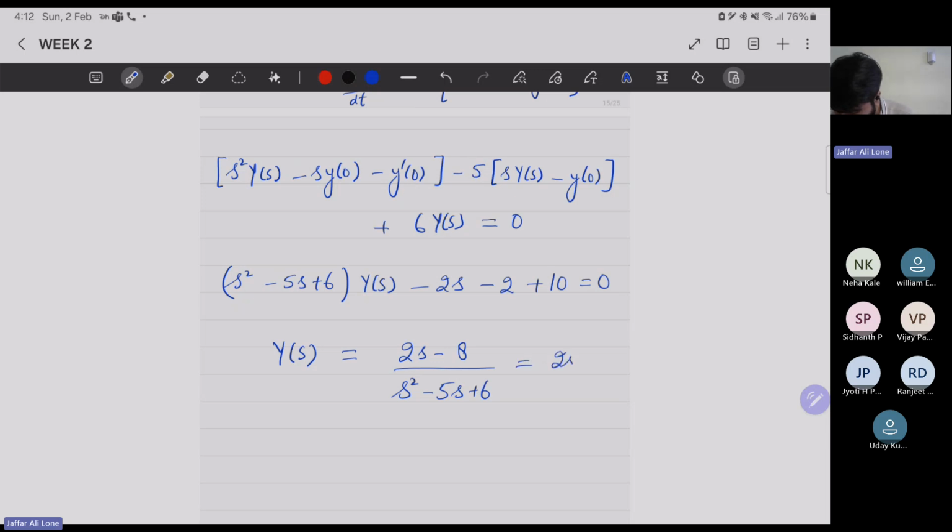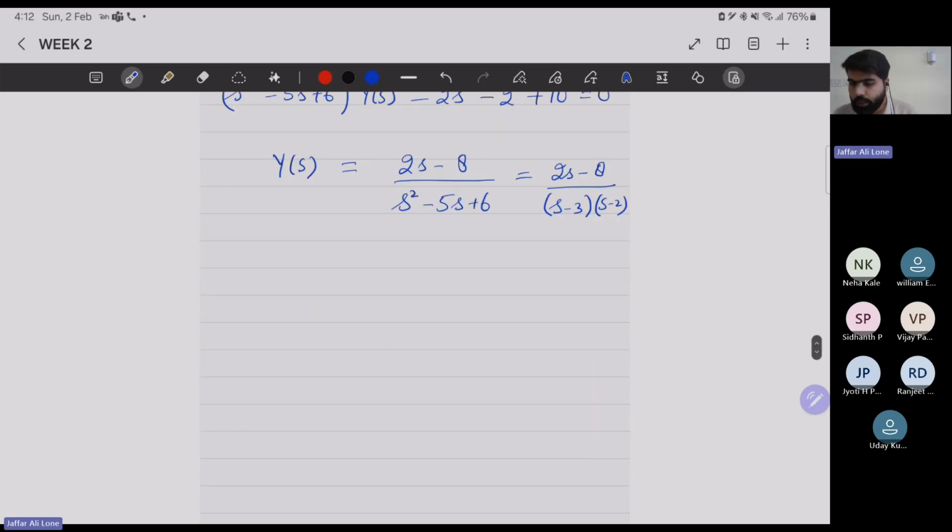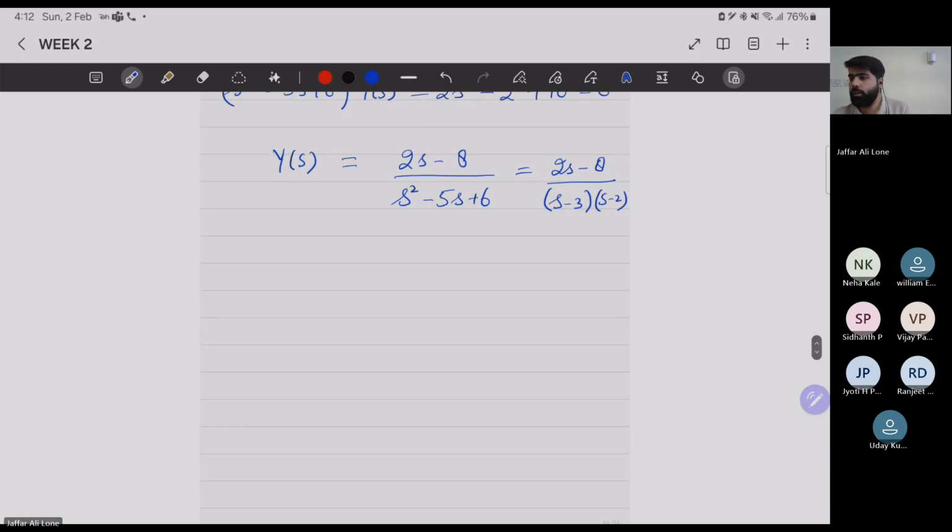You can write it like this, (s minus 3) into (s minus 2). Does anybody have any doubt?